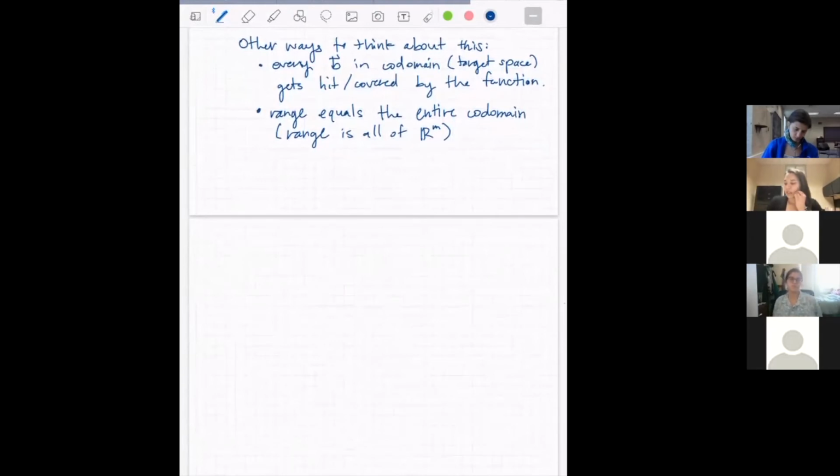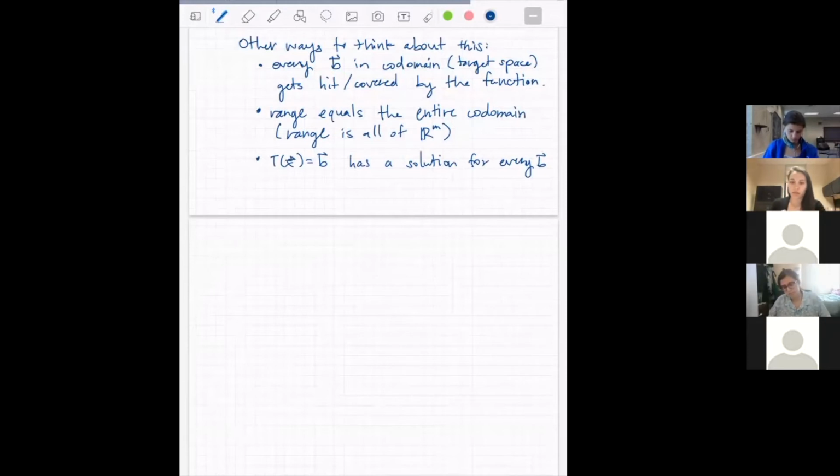Another way of stating this, in the language that we've been using to talk about linear transformations, is that T of x equals b has a solution for every b, right? Remember, this was one of the questions that we were interested in answering before.